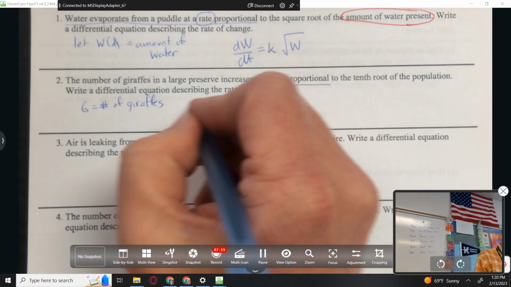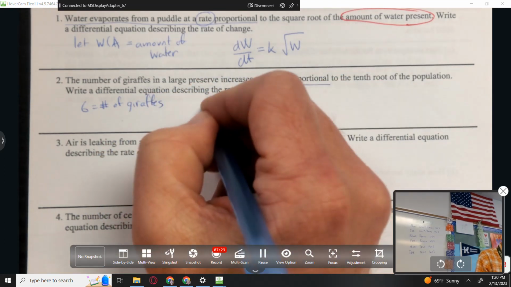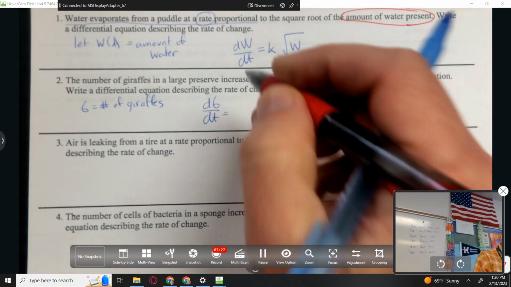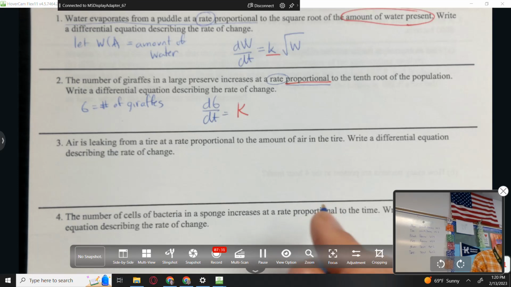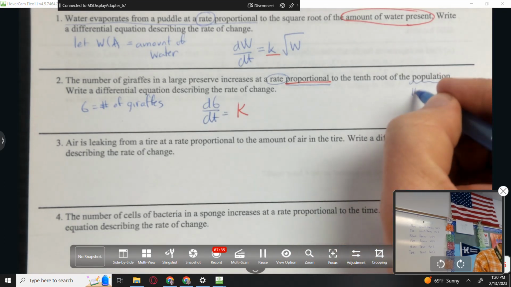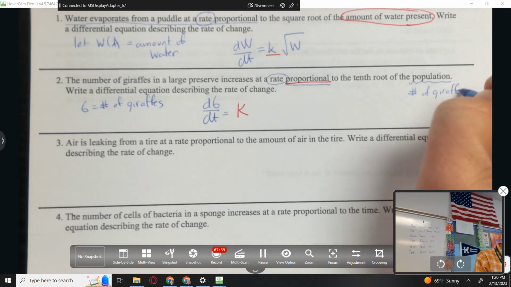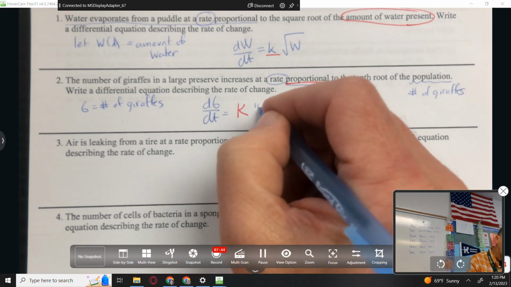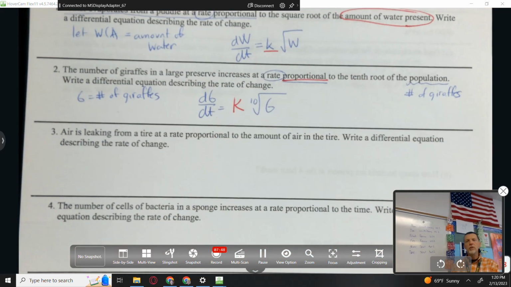So the number of giraffes increases at a rate dG/dt proportional to the 10th root of the population. Well, the population is the number of giraffes. It's like trying to throw us off by using different words. The 10th root is a weird one, but a good one to practice on.